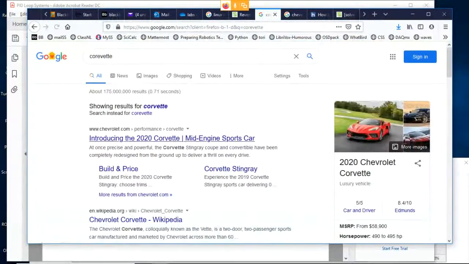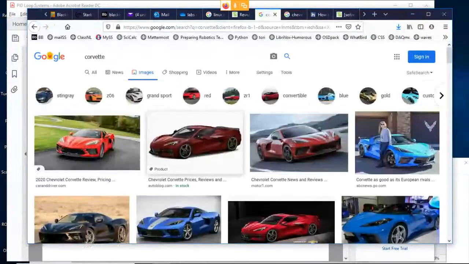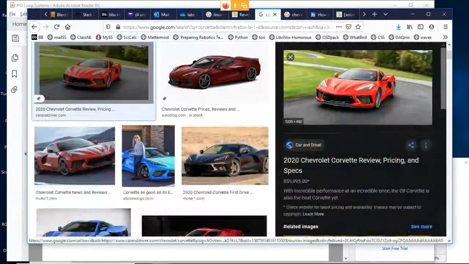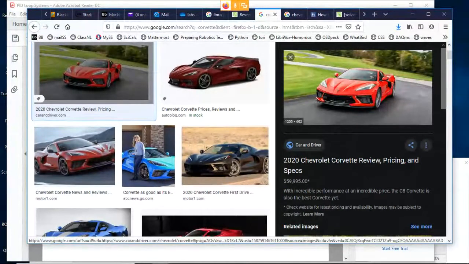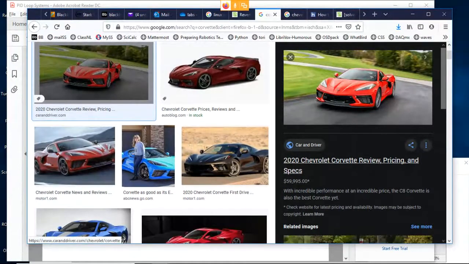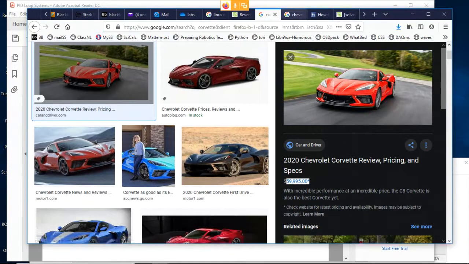Okay. So we have some Corvette here. When you're trying to push the speed envelope, if you will, you want to go faster and faster. With a Corvette, obviously, for $60,000 you can probably go pretty fast.